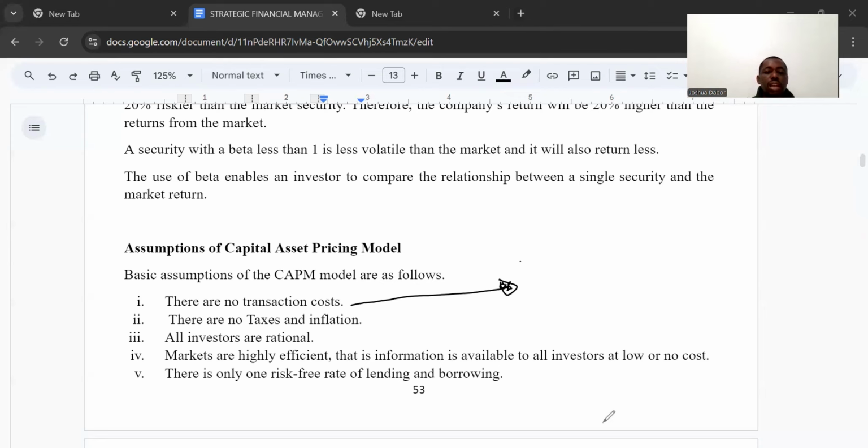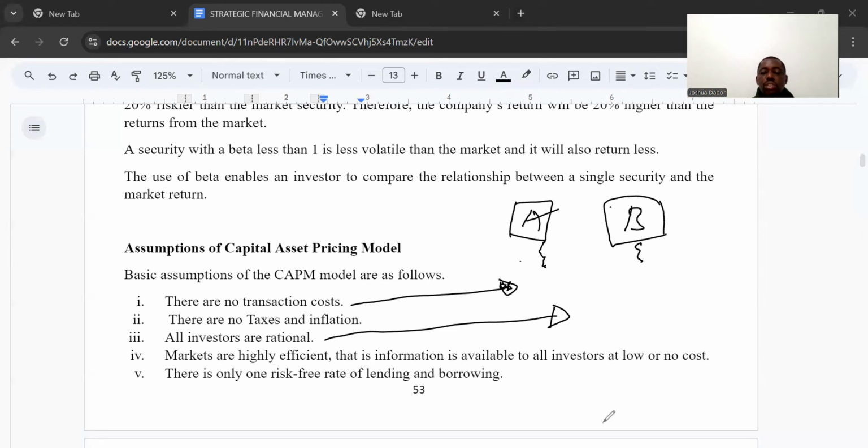All investors are rational. So what does this mean? As I explained earlier on, investment A, investment B. A rational investor will not invest money in investment A if the return for both investments are the same, but the risk of A is higher.